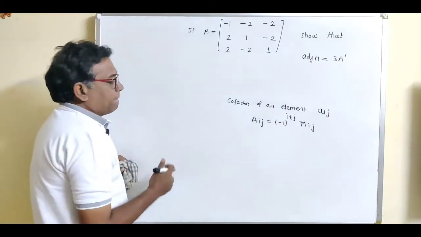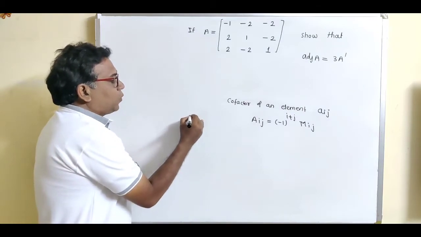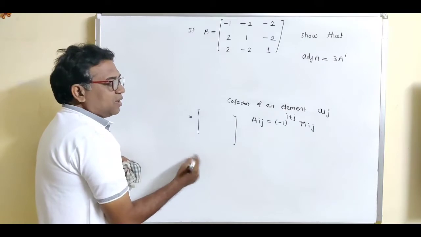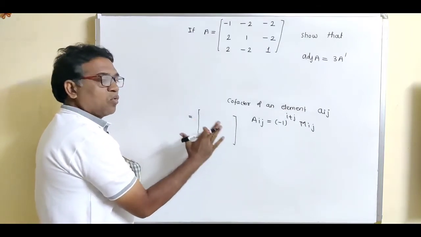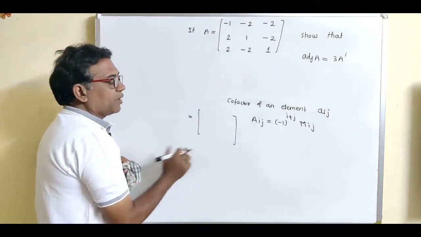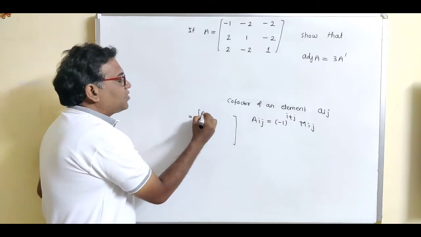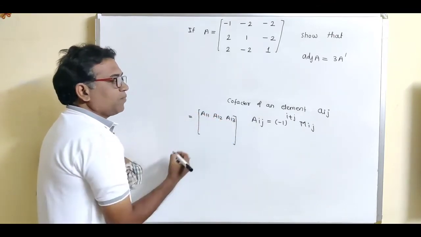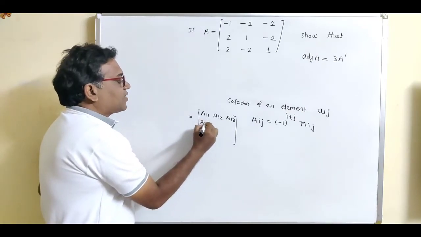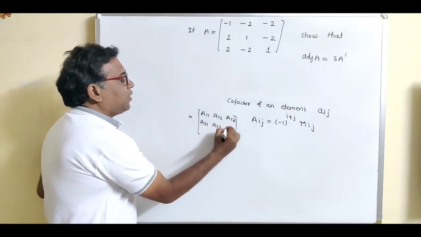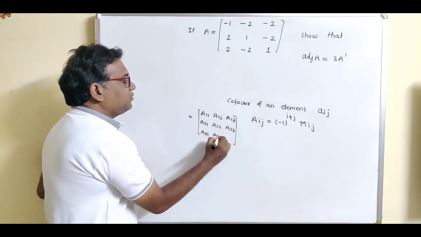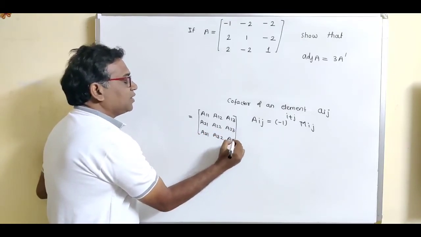So see, in case of a 3x3 matrix, there are in all 9 cofactor elements. For the first row it is A11, A12, A13. For the second row it is A21, A22, A23 and for the third row it is A31, A32, A33.